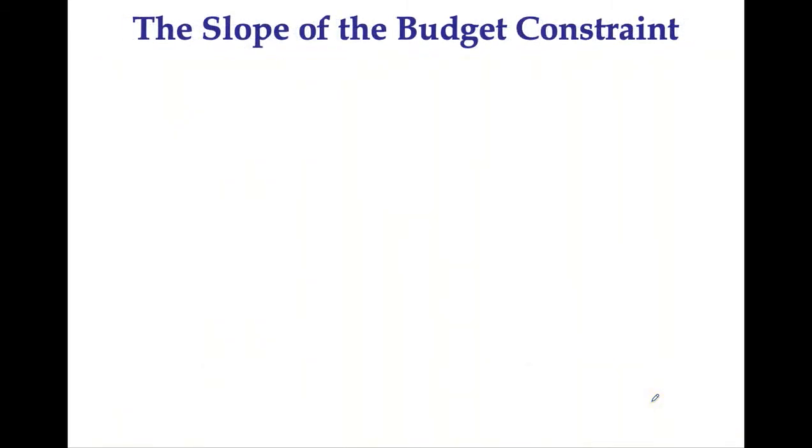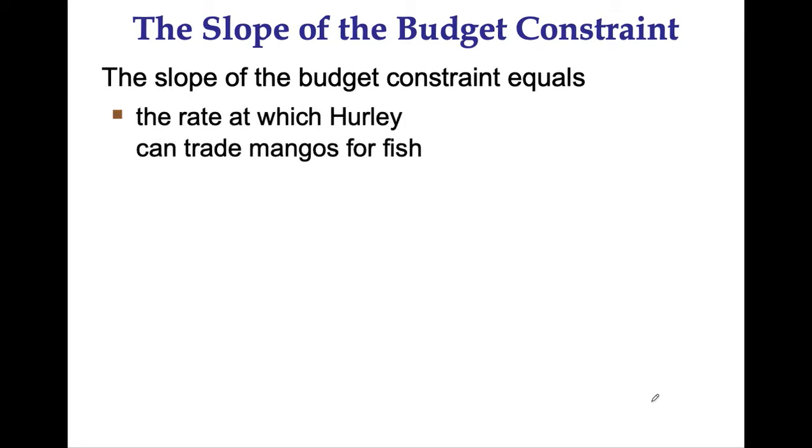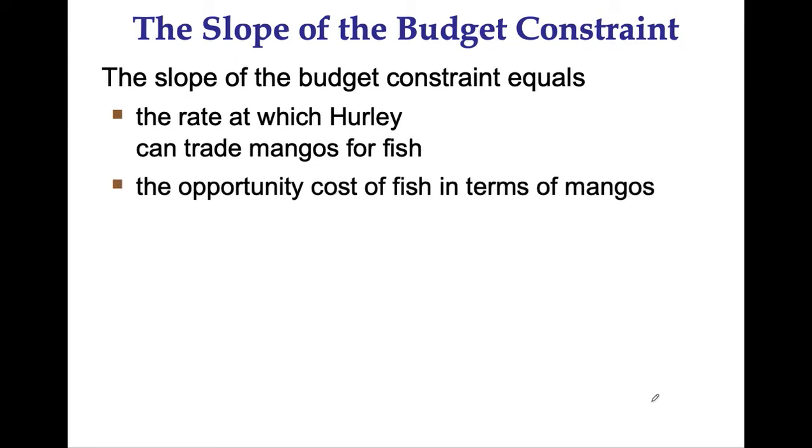So the slope of the budget constraint equals the rate at which the consumer can trade mangoes for fish, the opportunity cost of fish in terms of mangoes. You remember the opportunity cost is what you give up to get something. In order to get fish, we should give up mangoes.